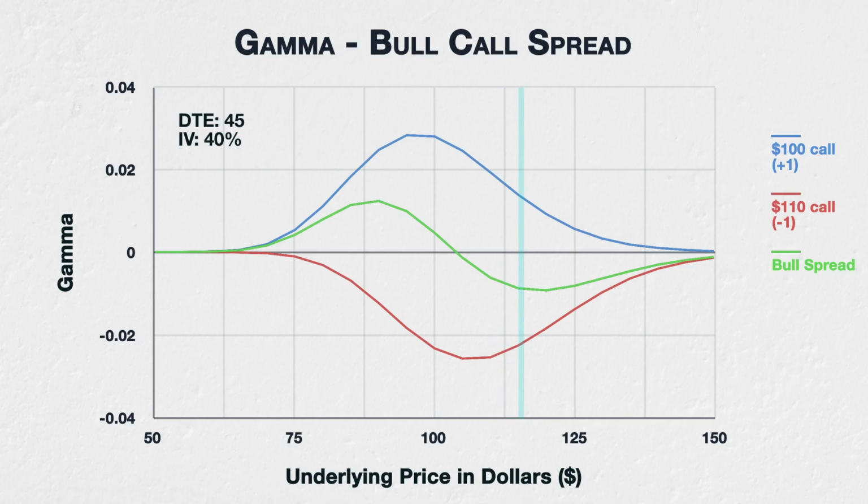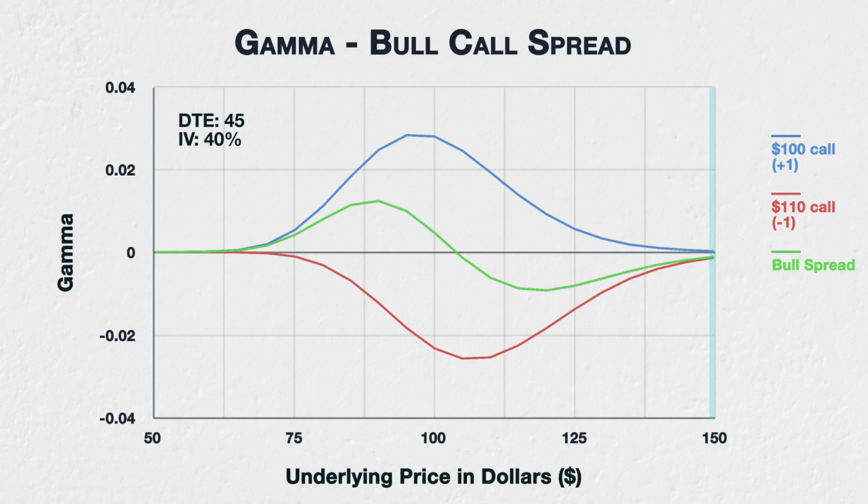This means that the delta of the spread will now decrease as the underlying price continues to increase. Then finally, to the far right of the chart, both options are now deep in the money, and their deltas have very little sensitivity to changes in the underlying price. Gamma is therefore small for both individual options and also the spread as a whole.